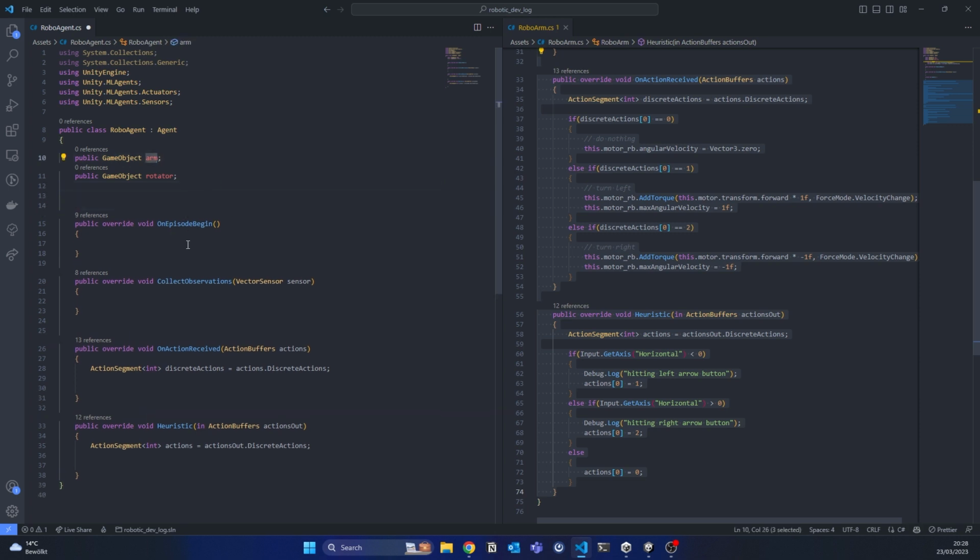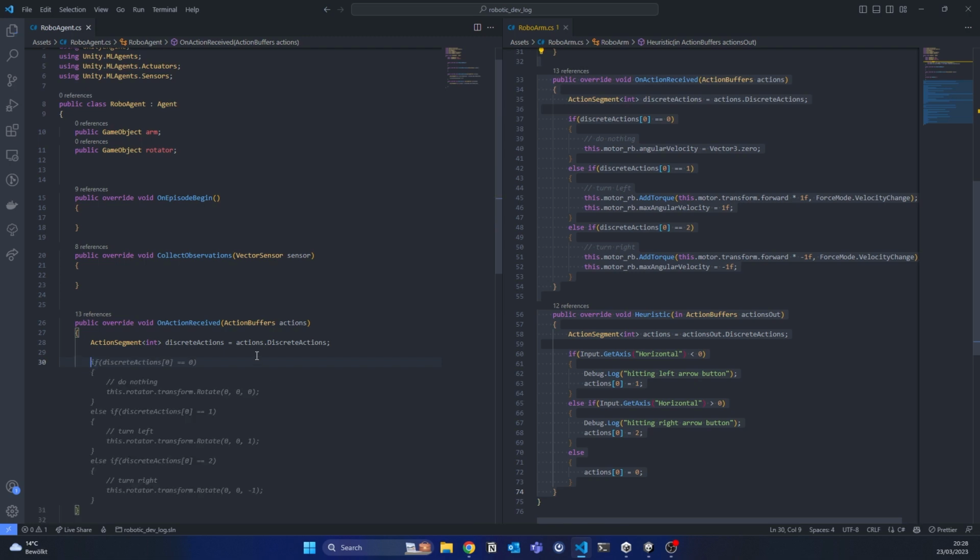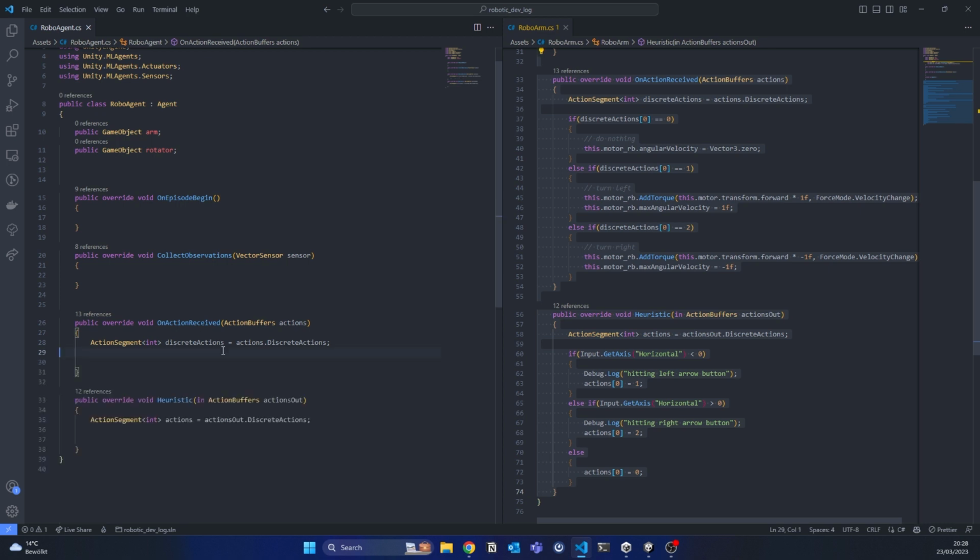So essentially what I want to do is, we don't have observations yet, but on action received, for each of these parts, in this case we have two parts, I want to have two different actions, right?